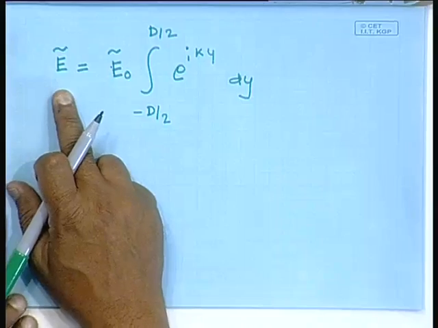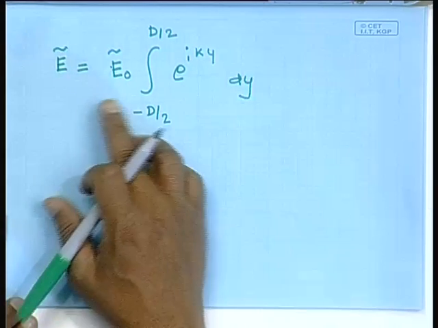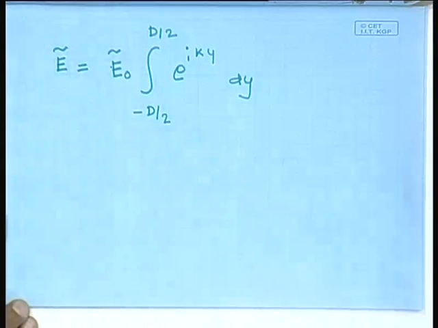Each point in the interval minus d by 2 to plus d by 2 is a source for a secondary wavelet. I have to superpose the contribution from each of these secondary sources. So, I have an integral in this case. I have to integrate y from minus d by 2 to plus d by 2, which is what I have written over here. So, this shows me the result of superposing the secondary wavelets emitted from all of those sources located at different points on the slit.